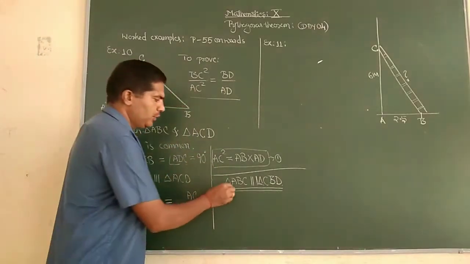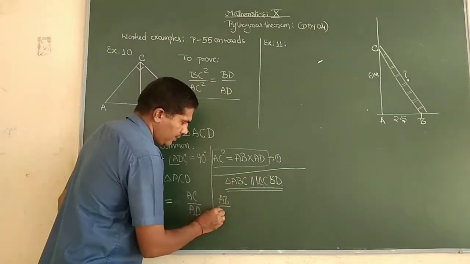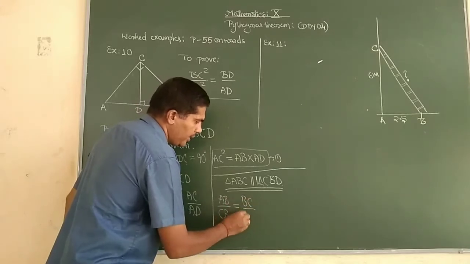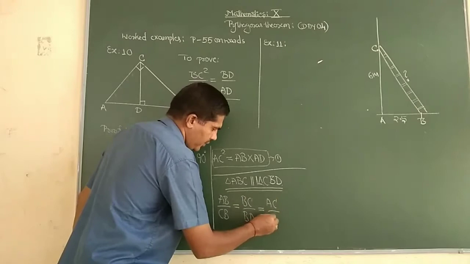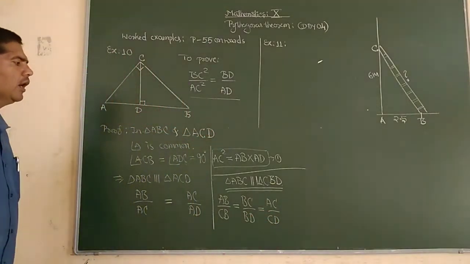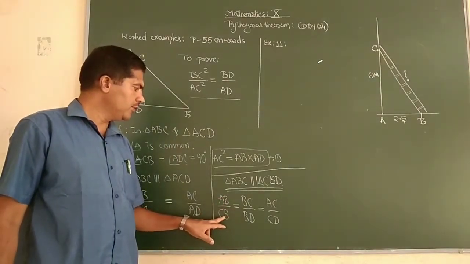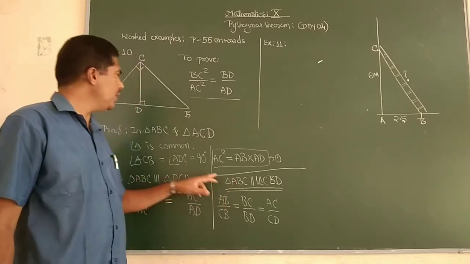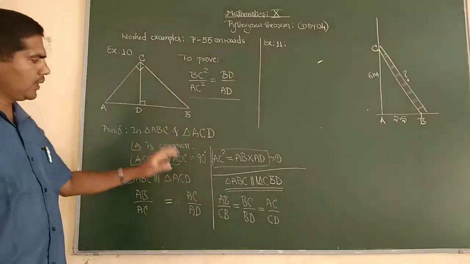So once you know these two triangles are similar, you may write now AB by CB equal to BC by BD equal to AC by CD. Which I need now? AB, BD, CB you have here now. ABC and CBD I have taken rightly only.